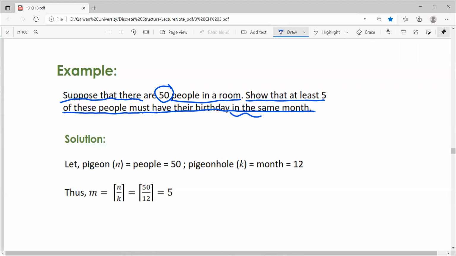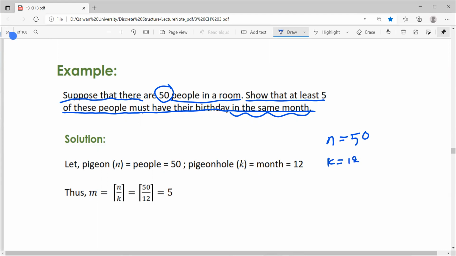So how many months do we have in a year? 12. So here n is the number of people in the room, which is 50. And k is the number of months, which is 12.